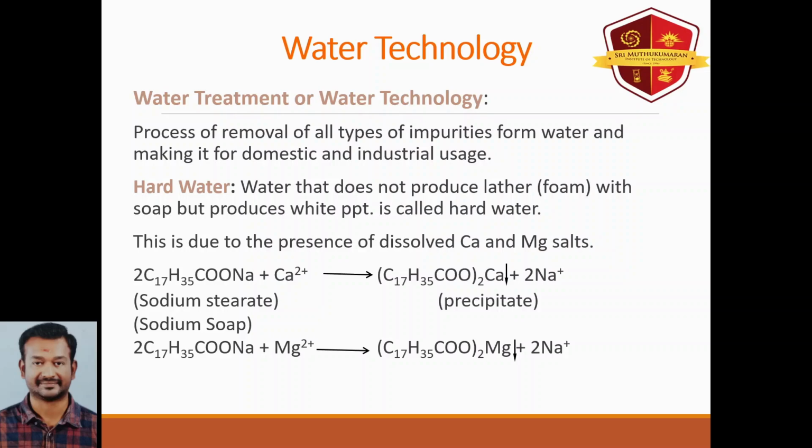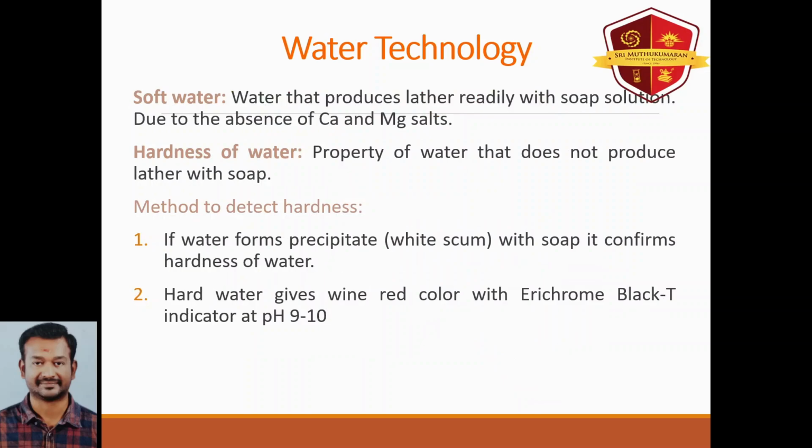The equation shows the precipitate formation of hard water. Soft water is water that produces lather readily with soap solution due to the absence of calcium and magnesium salts. Hardness of water is the property of water that does not produce lather with soap.